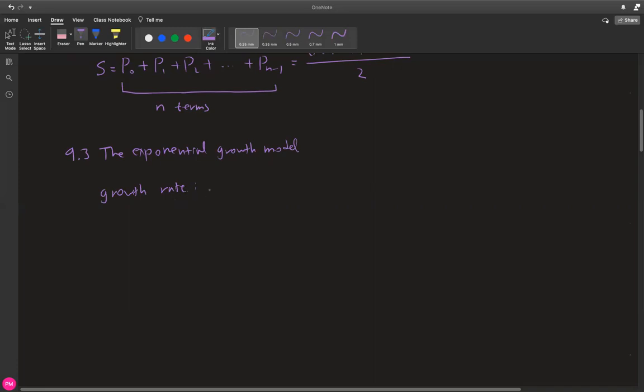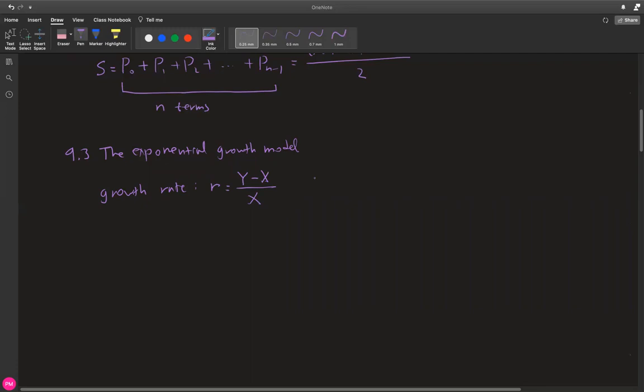And hopefully this will make more sense after I go over some formulas. So the growth rate R is given as (y minus x) divided by x.